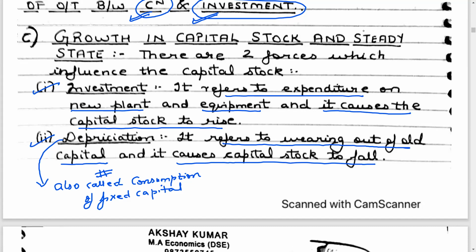So depreciation is a regular process, whereas destruction of fixed capital might happen because of abnormal situations like natural calamities. Depreciation simply refers to your old capital stock, which is wearing out in terms of value. Your capital stock might be in perfect condition, but still it's losing its value every year. It's getting depreciated. Okay, so let's move forward.